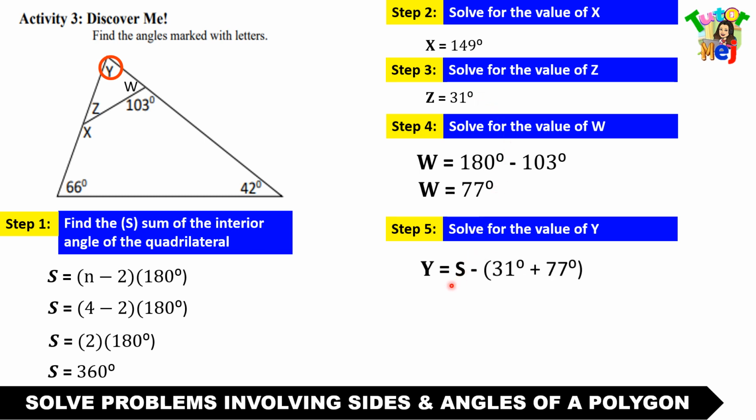So, we have here, y equals the sum, which is 180 degrees, minus the sum of z and w, yung 31 at 77. So, latag natin. Y is equal to 180 degrees minus, ang sum nito ay 108 degrees. Therefore, our y now is 72 degrees. O hayan, solve na natin lahat. Nahanap na natin ang x, z, and y.